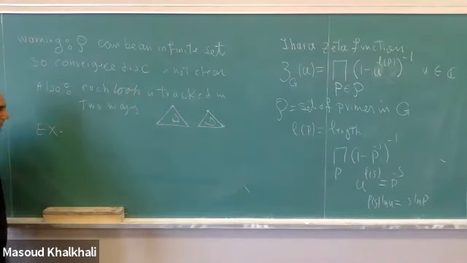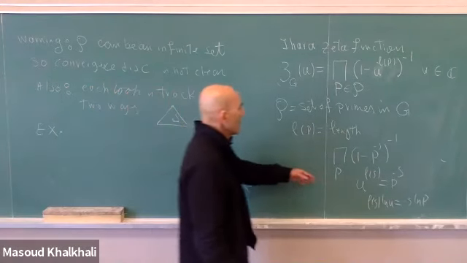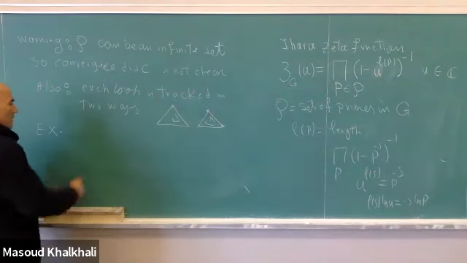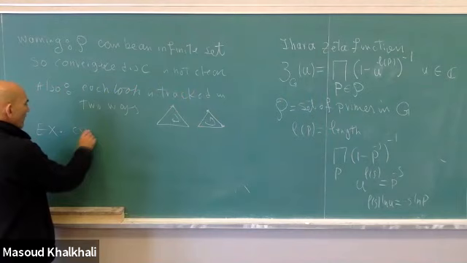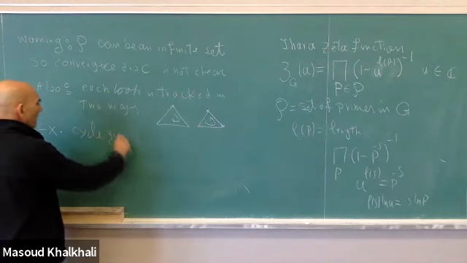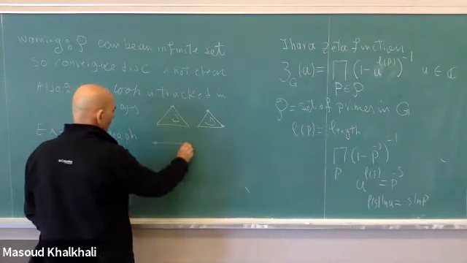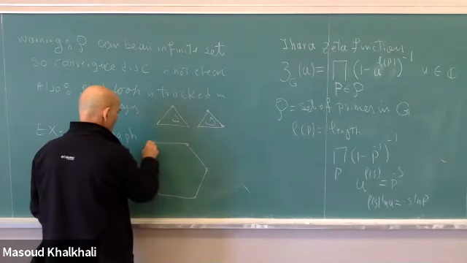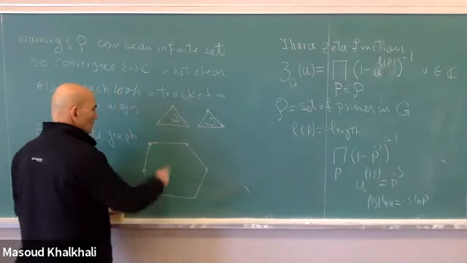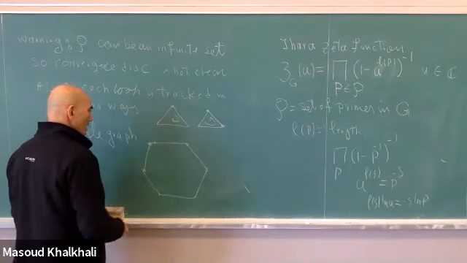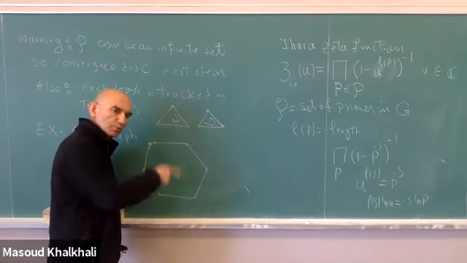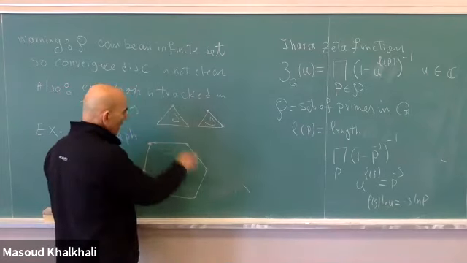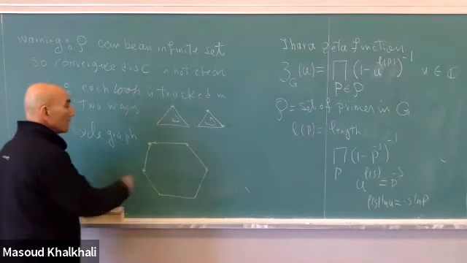So let me give one example and then we are done, and then I'll tell you a little bit of what is known. The simplest example is just the cycle graph, something like this. In this case there is only one loop, but we have to count it twice.